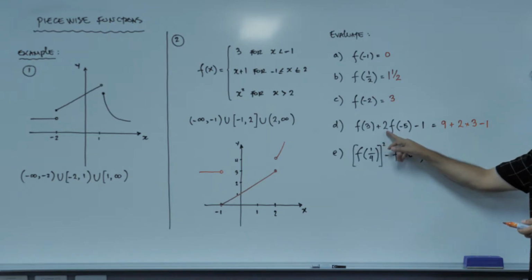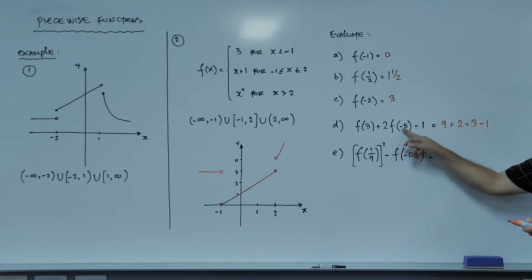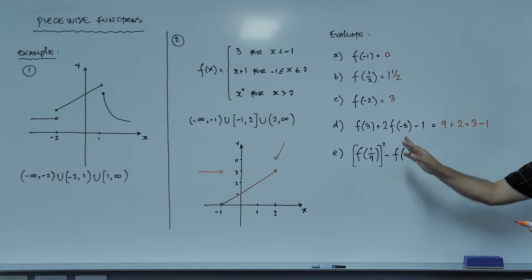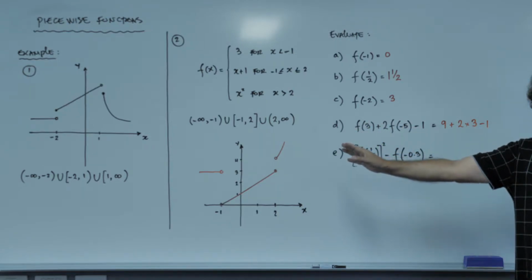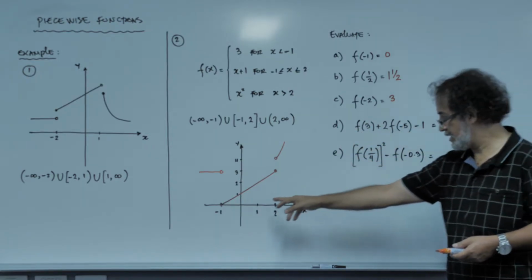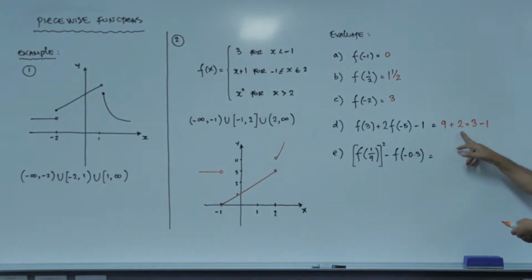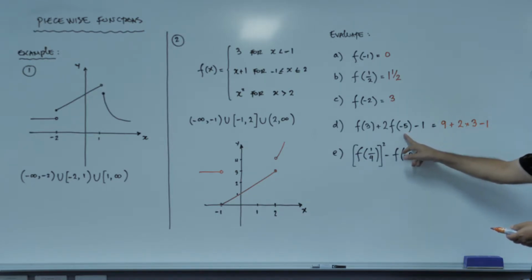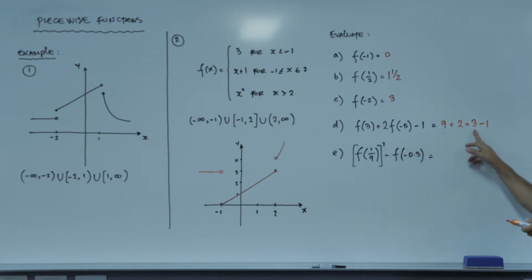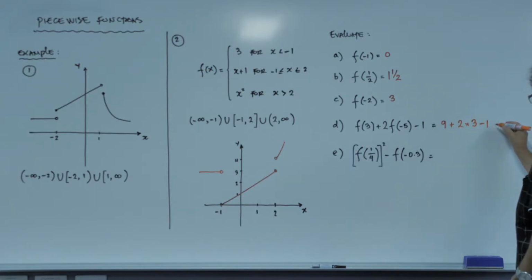And then plus 2 times f at -5. -5 is coming from here, and that is equal to 3. So that is 2 multiplied by 3, because any number less than -1 is equal to 3 all the time. And then take 1. Okay, so what's the answer for this then?